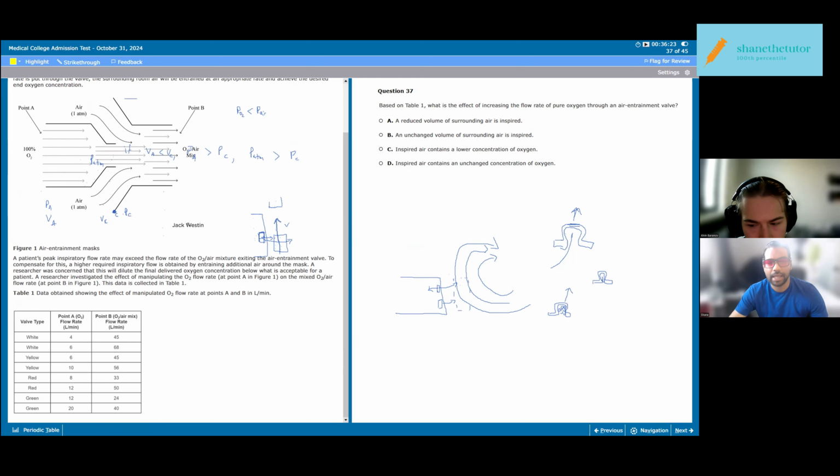So they're asking us what. So yeah, they're asking us if we increase the A, if we increase this, what effect would that have?